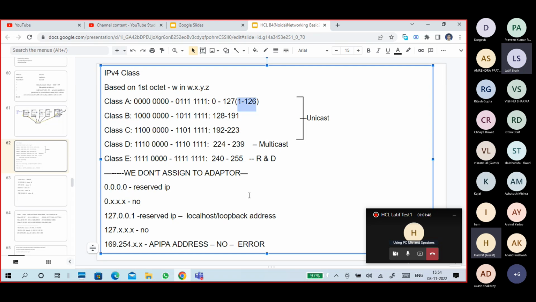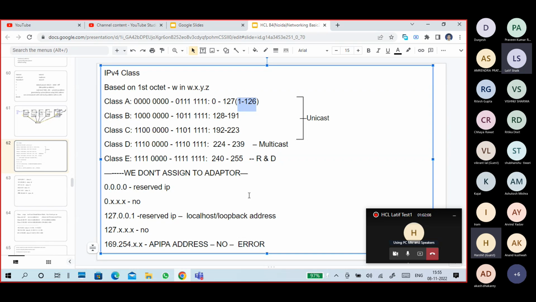So I'm deploying my operating system to these devices. At that time I use a multicast IP address. Certain protocols use these IP addresses not to assign to any device or host.